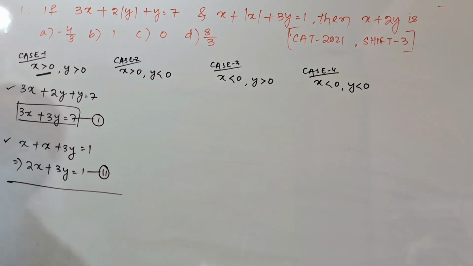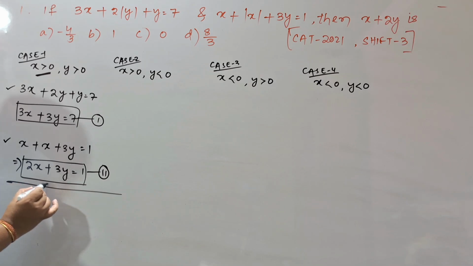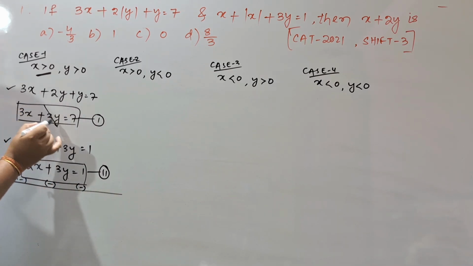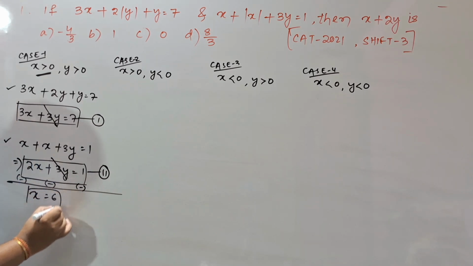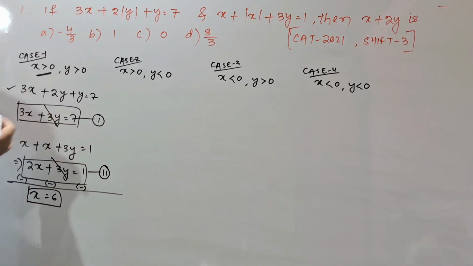If I solve these two equations, look here. If I subtract, so this is minus sign, minus sign, minus sign. So plus 3y, minus 3y get cancelled. Now x is equal to 6. Now put the value of 6 in any of the two equations. Suppose I put it in equation number 1. What will I get here?